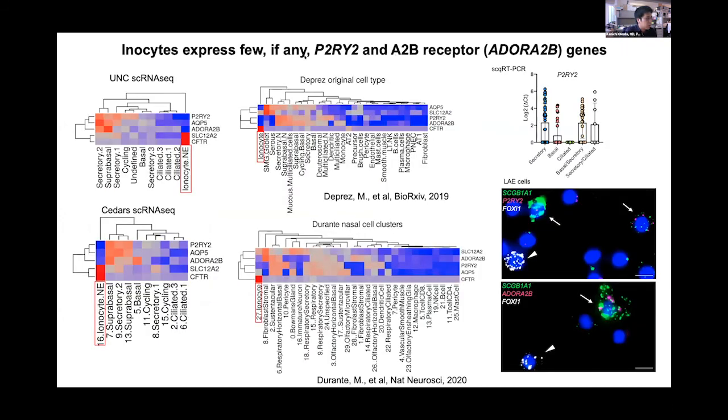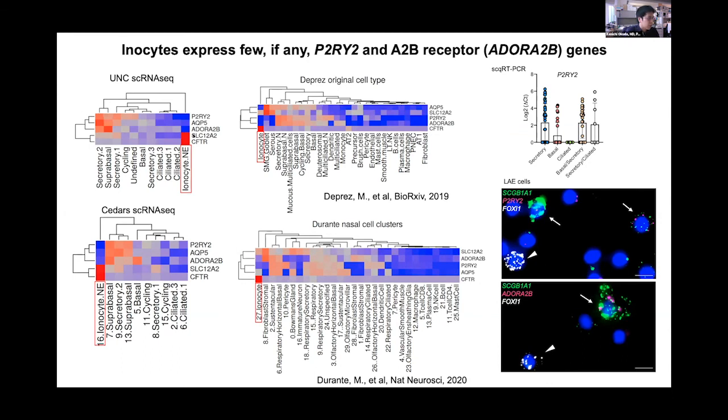Why we focus on these receptors is because of our single cell RNA sequence data. It shows ionocytes express the highest CFTR and then SLC12A2. This is a chloride ion entry channel, which is important for sustained CFTR activity.